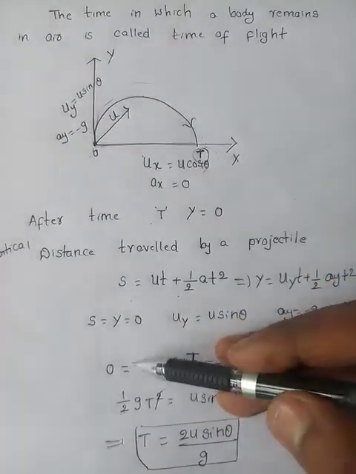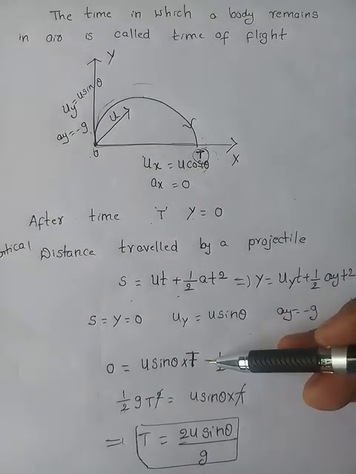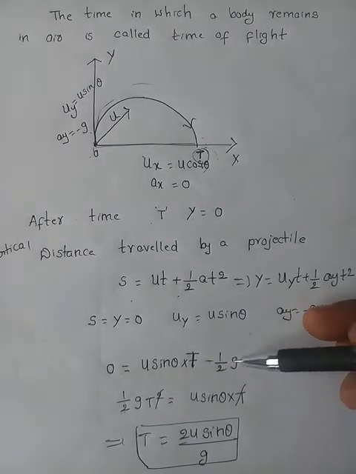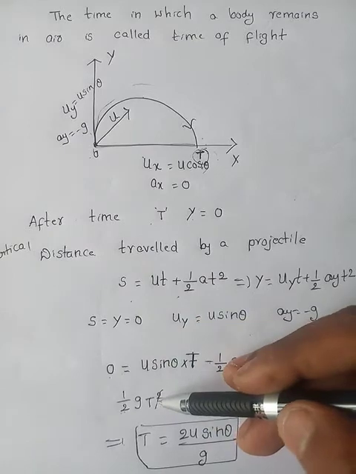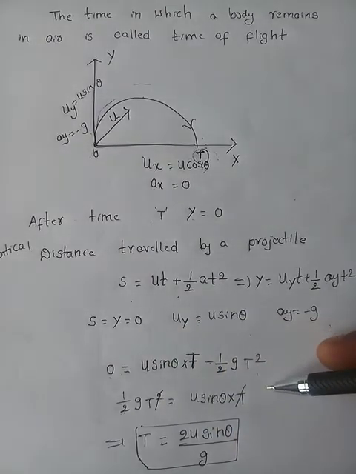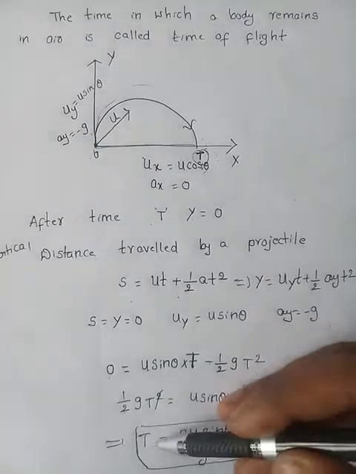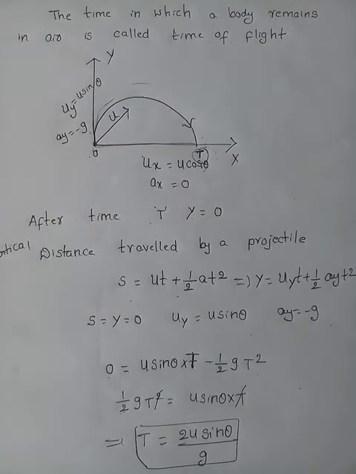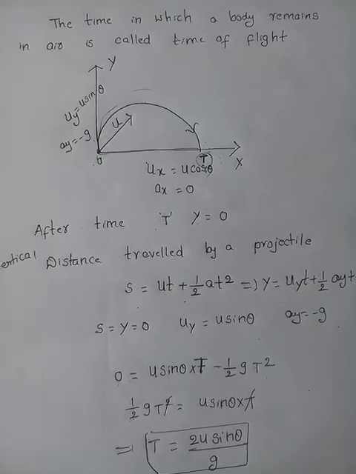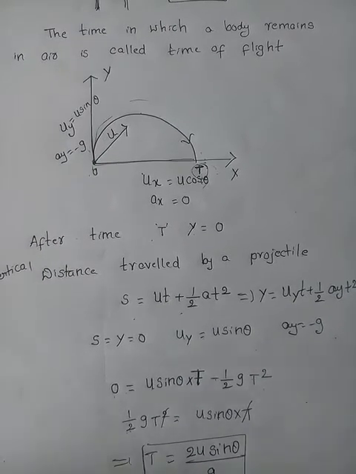Substituting these, 0 is equal to u sin theta into t minus half g t square. Sending minus across, it becomes plus half g t square is equal to u sin theta into capital T. T cancels, T is equal to 2u sin theta by g. So this is the expression for time of flight. Right?